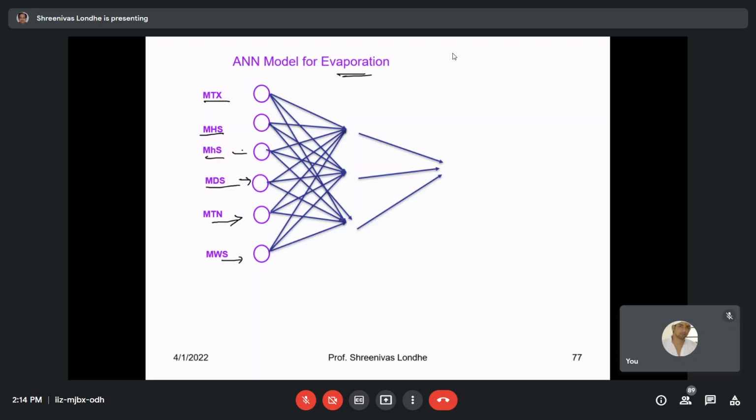So these many inputs I have considered to develop a neural network model for evaporation. My final product, the output, will be evaporation. And there are 3 neurons in the hidden layer. So this architecture is 1, 2, 3, 4, 5, 6: 6 neurons in the first layer, the input layer. It is 6 to 3 to 1. So this is a neural network for the evaporation model.